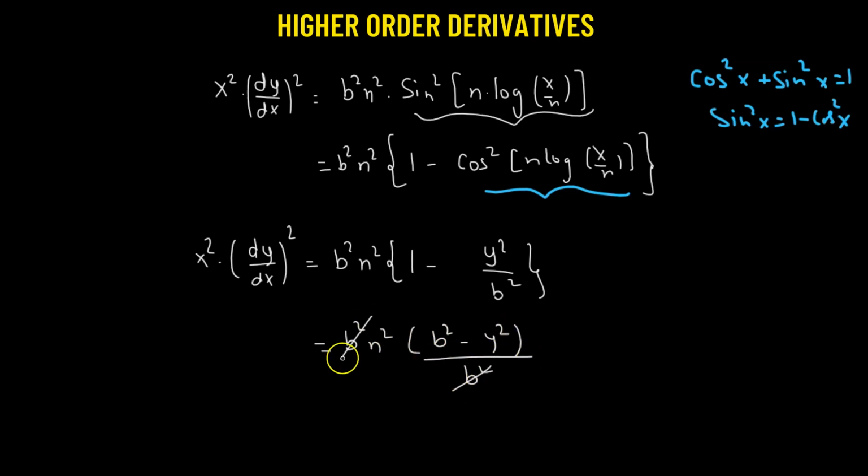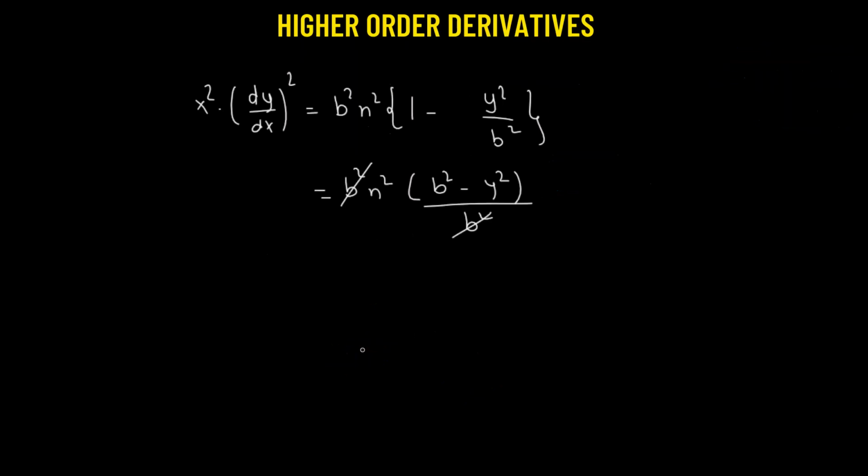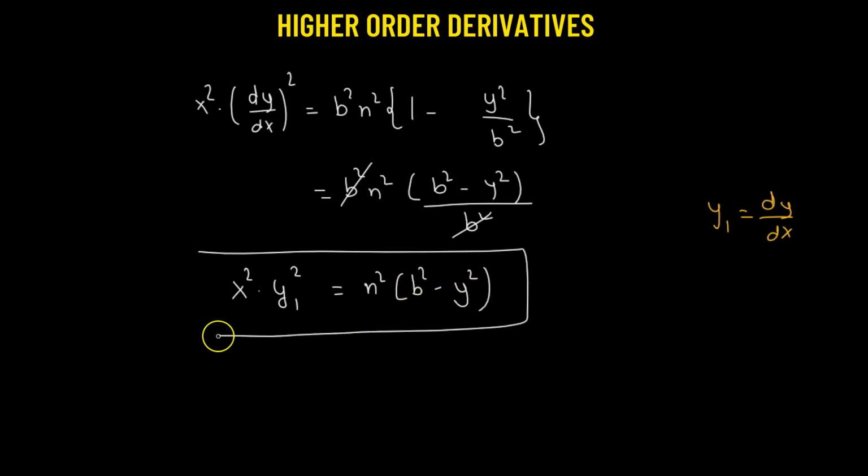So this b squared and b squared get cancelled out, and we will now have x squared multiplied by, instead of writing dy over dx, let us express it in notation form as y1 squared, where we have used the fact that y1 is the first derivative of y with respect to x. Right. So this will be equal to n squared multiplied by (b squared minus y squared). So this is one equation.